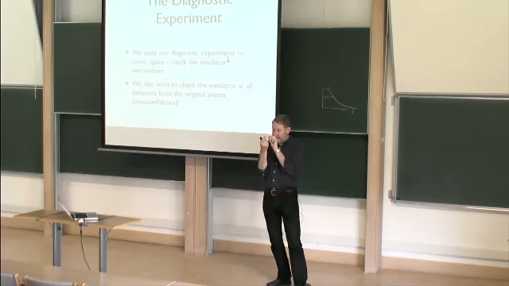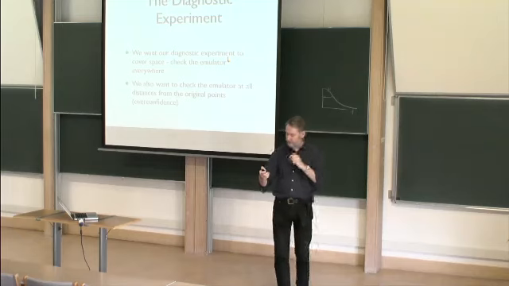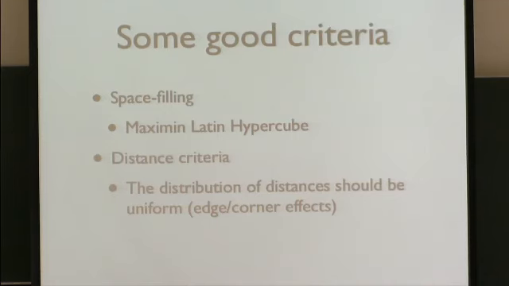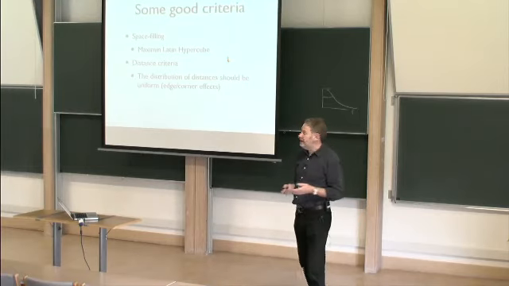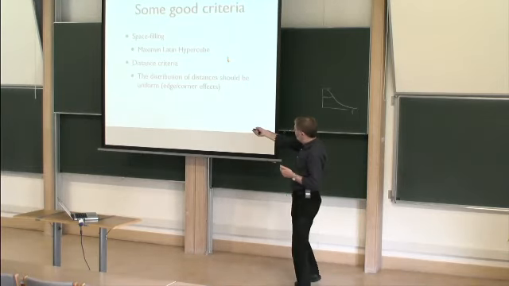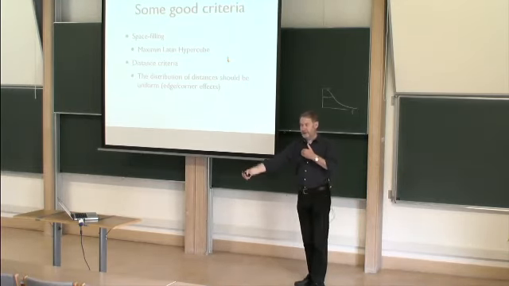And we want to test that even close to points we actually run. So we want to test all the distances. And so some good criteria for these diagnostic experiments would be they should be space filling, so that points us at maximum Latin hypercubes and several sequences. But we also want some distance criterion from this original experiment.